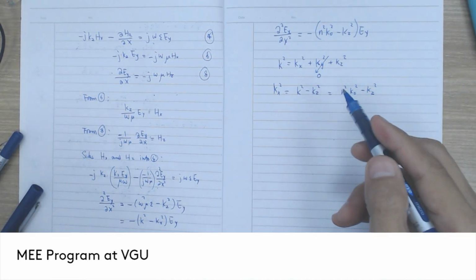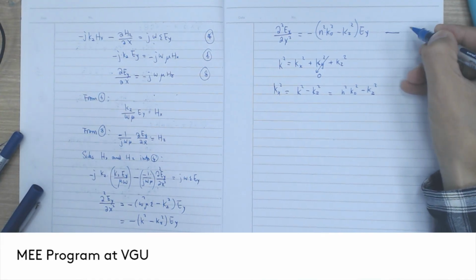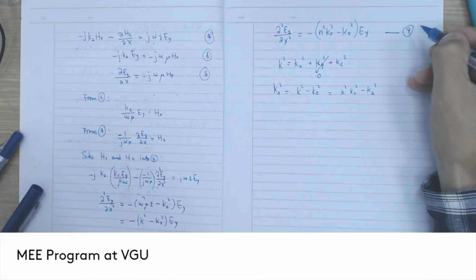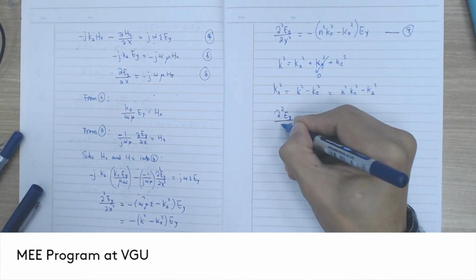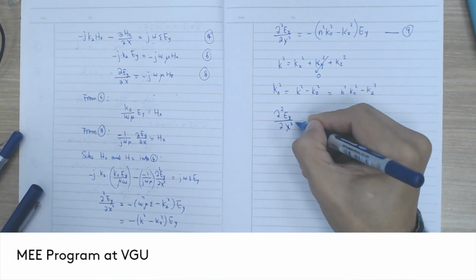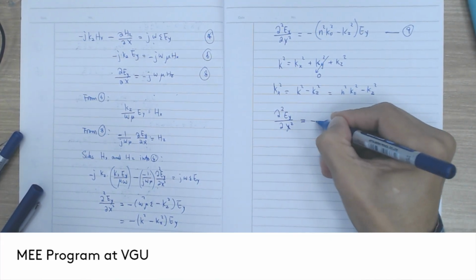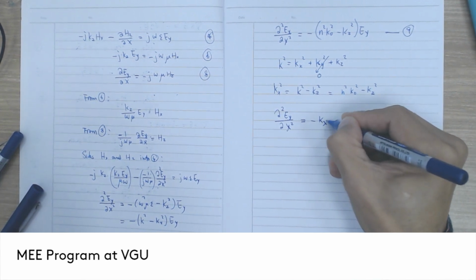So in other words, the newer equation that we derive, say equation 9, can be written as x, and then minus k x squared.